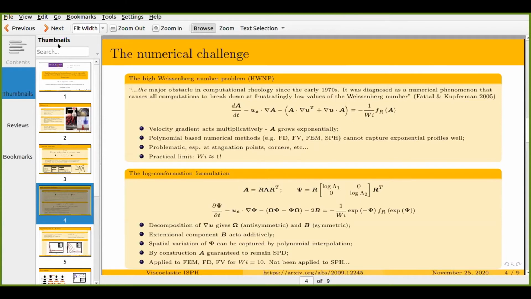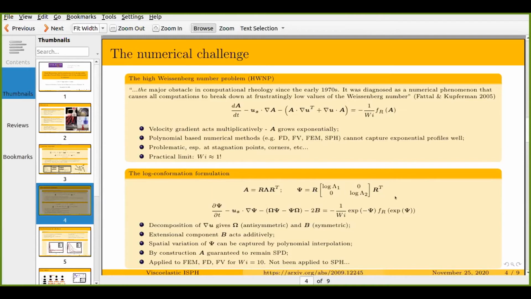So the solution, which they came up with, was to recast this equation in terms of the logarithm, or the matrix logarithm, of the conformation tensor. So they decompose the conformation tensor into eigenvectors and eigenvalues, take the matrix logarithm, and then when you reformulate this equation for the conformation tensor in terms of its logarithm, we find that the extensional component of the velocity gradient, that's B, acts additively, and effectively we've linearized the exponential gradients.